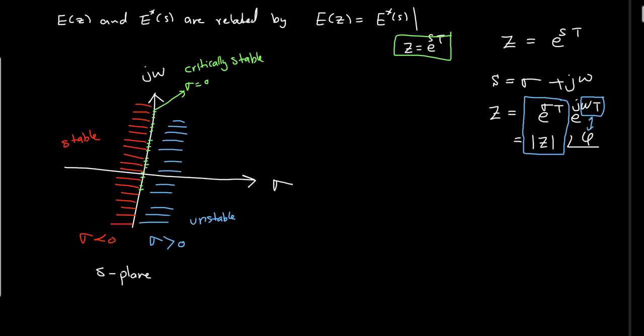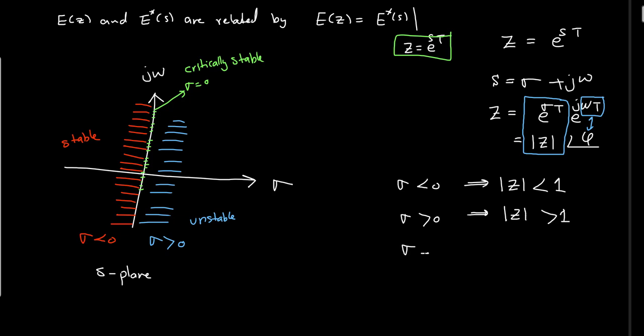So now we have the following cases. If sigma less than 0, this implies that the amplitude of z is less than 1. Now, if sigma is greater than 0, this implies that the amplitude of z is greater than 1.